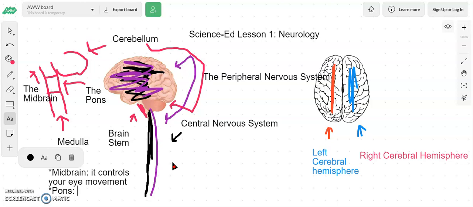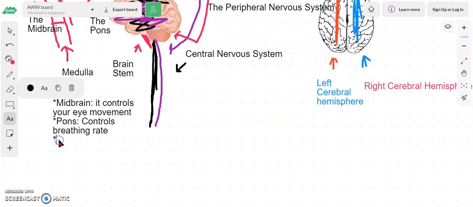Pons: controls breathing rate. Medulla: controls heart rate and blood pressure. And yeah, I just want you to copy all this down.